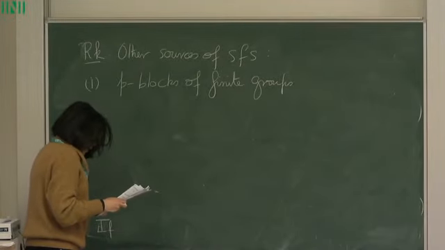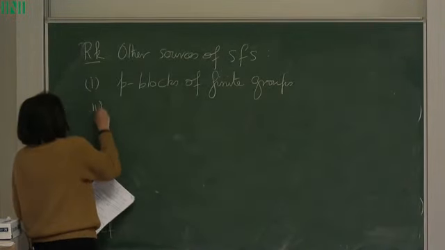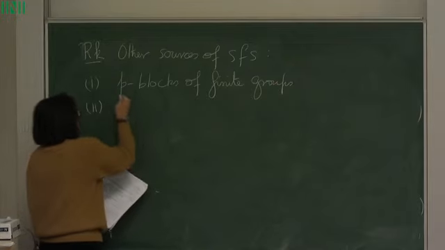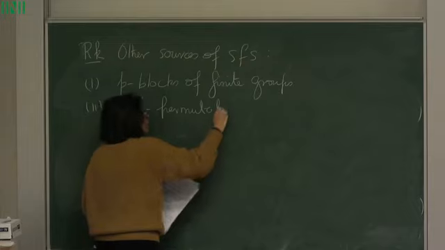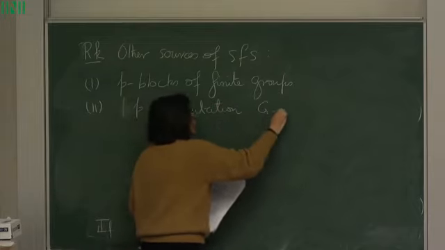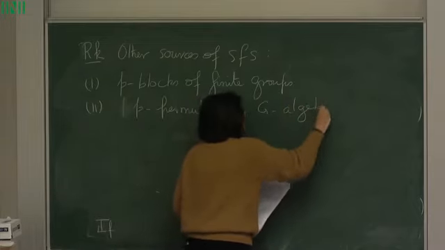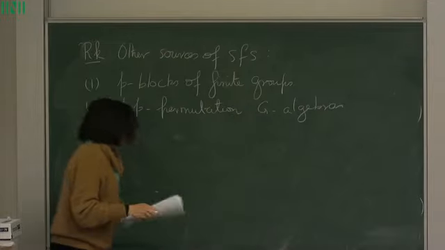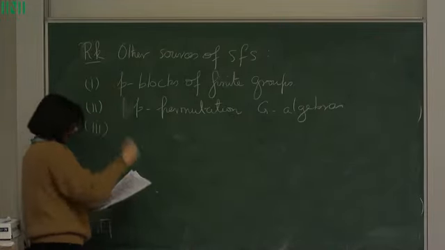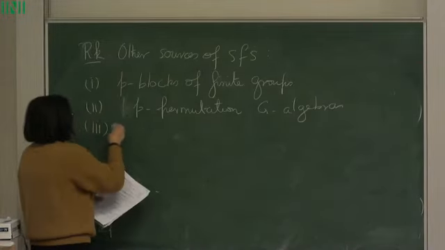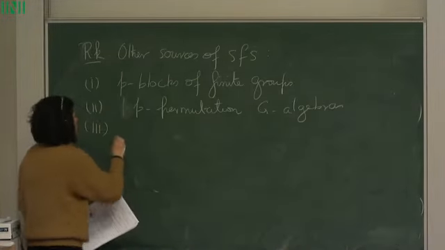And then a generalization of this is that they arise from so-called p-permutation G-algebras. I won't say what those are. These two, 1 and 2, are quite closely related. And then you also have topological sources of these things.